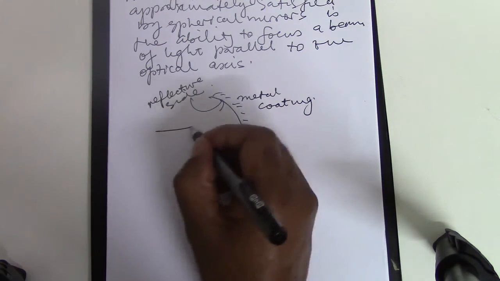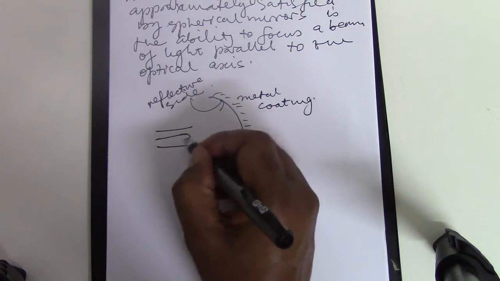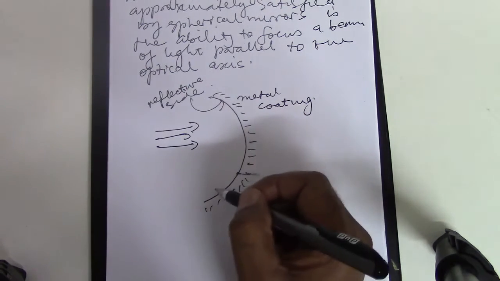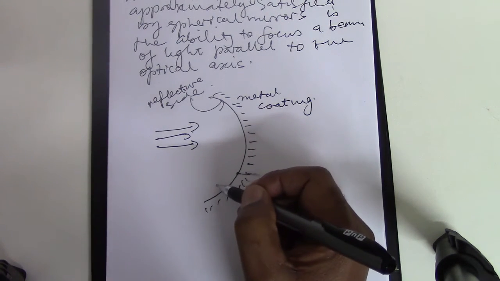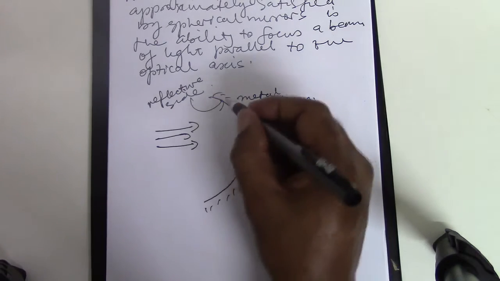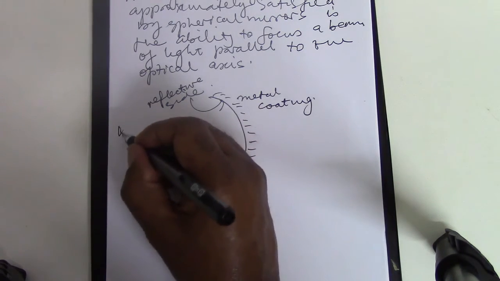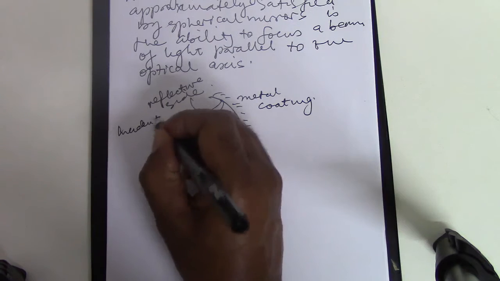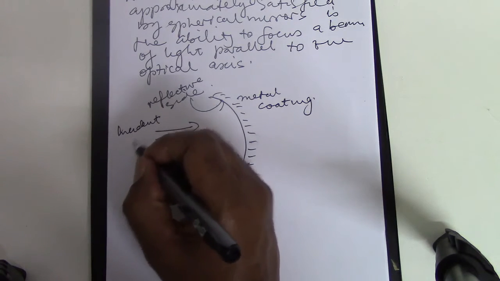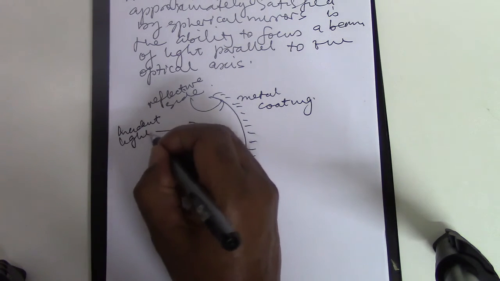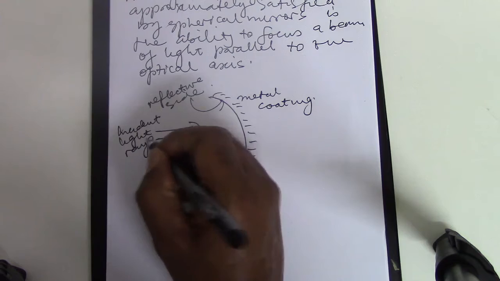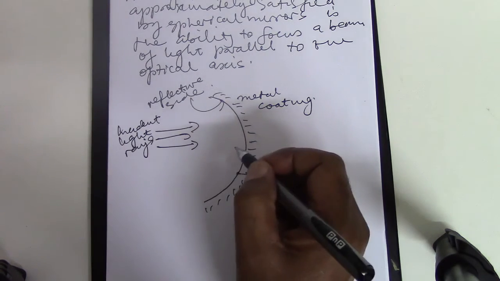Now, rays come in parallel to strike this side of the mirror. So these are incident light rays in this direction.